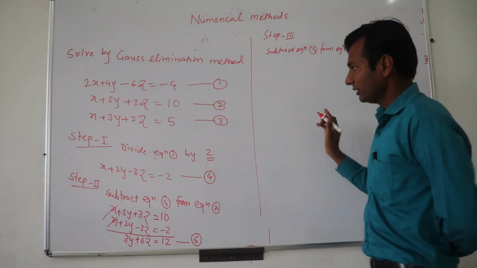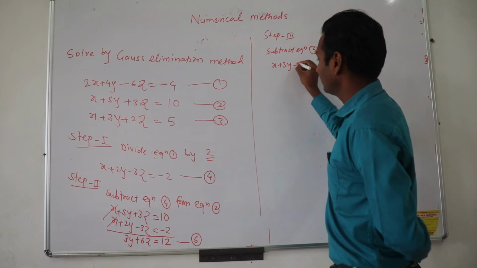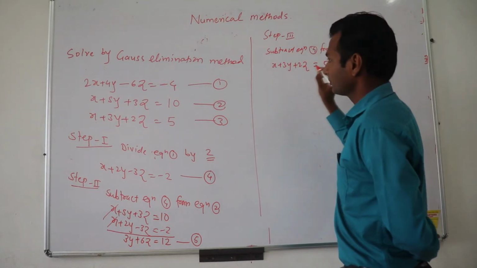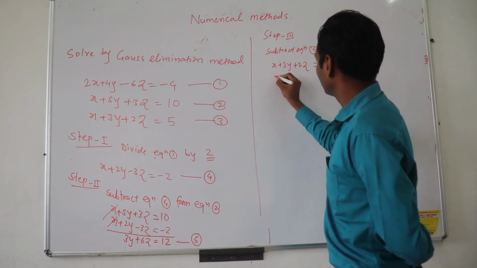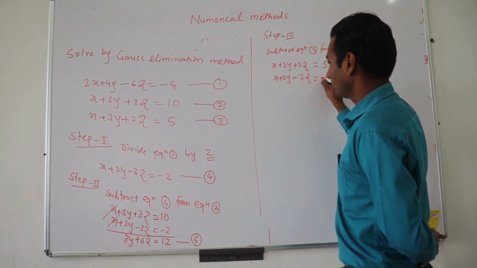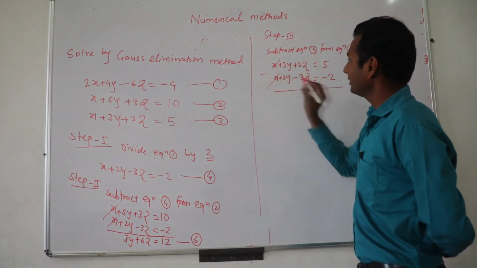The multiply step is not there. Then I write equation number 3: x plus 3y plus 2z is equal to 5, and equation number 4 is x plus 2y minus 3z is equal to minus 2. After subtracting, x is again eliminated.